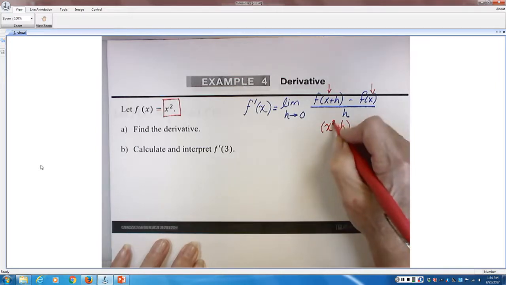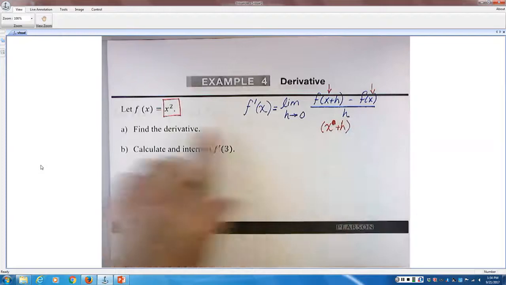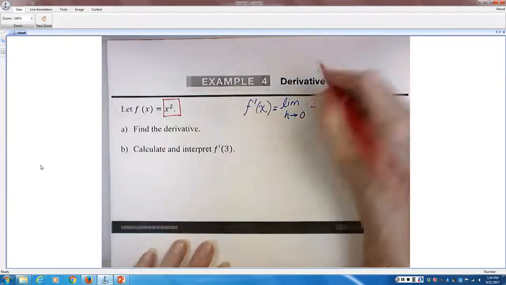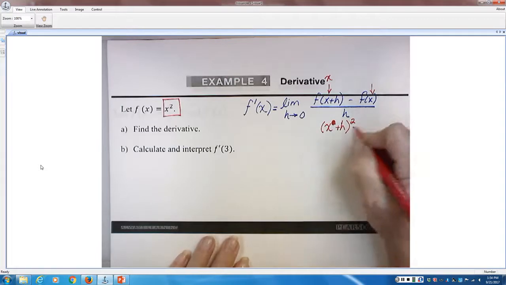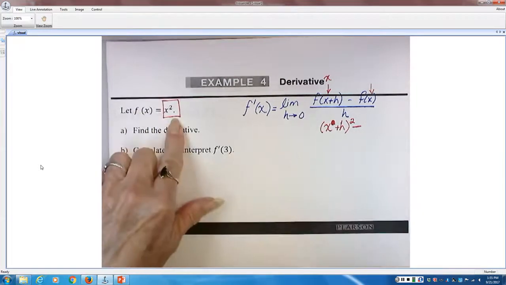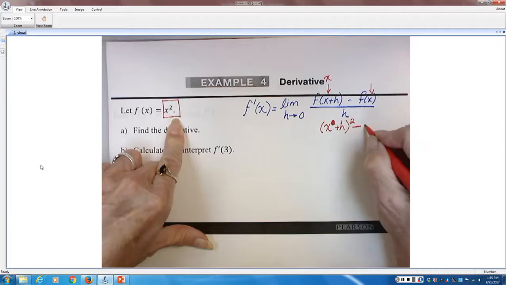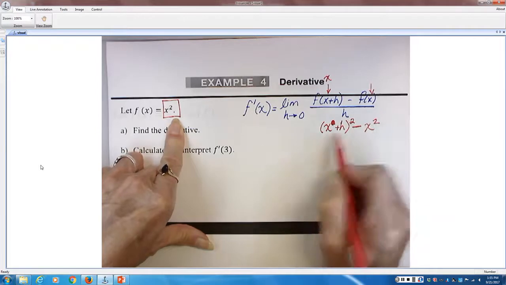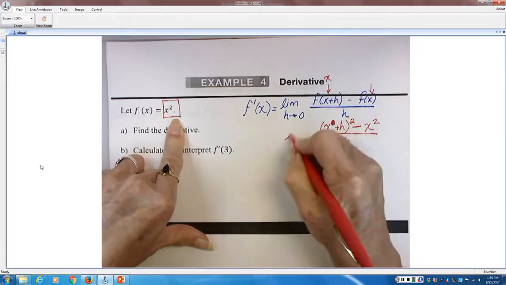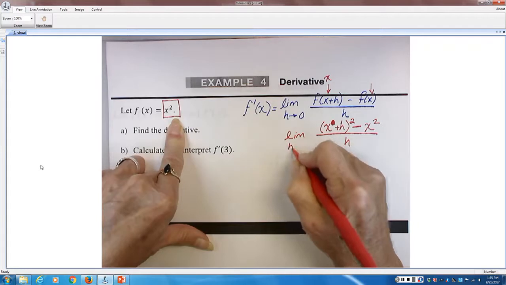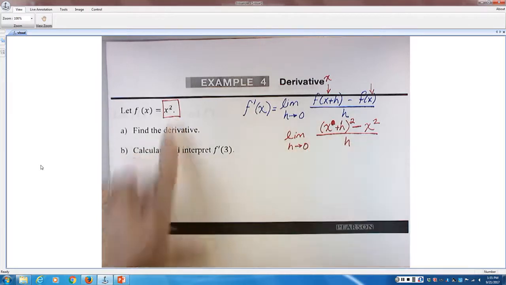I'm sorry, not x squared plus h. It's going to be x plus h because we're putting in x plus h in place of x. So that's going to be squared. Minus f of x, which is just x squared. And that's all over h, and we're still going to take the limit as h approaches 0.